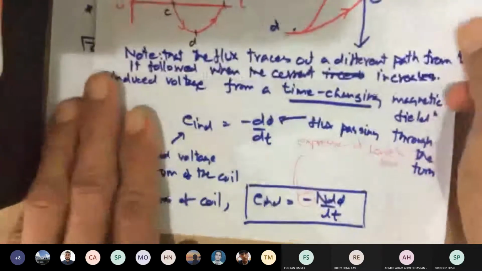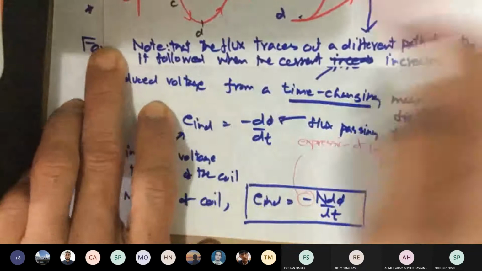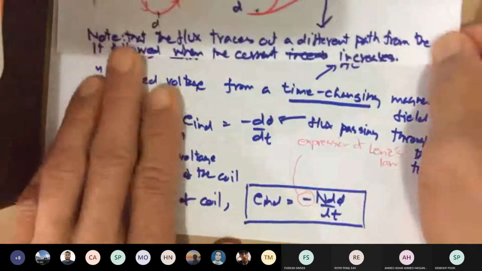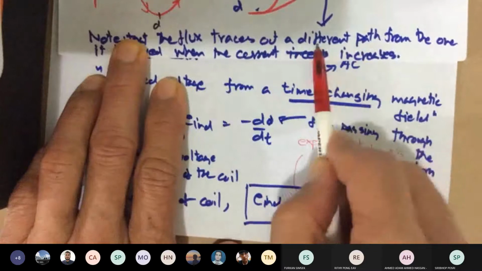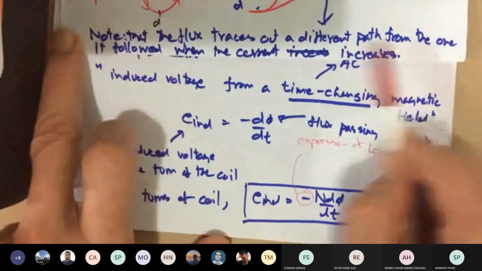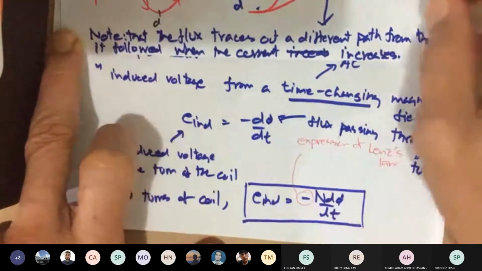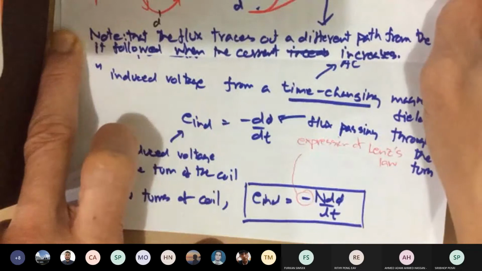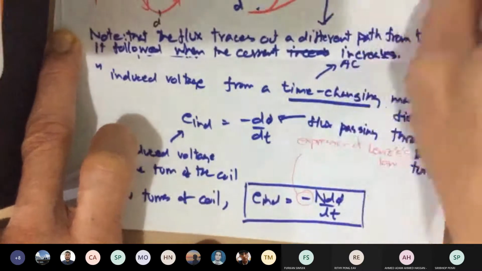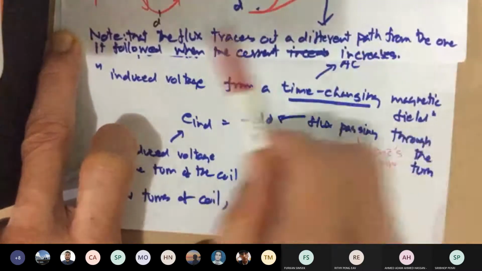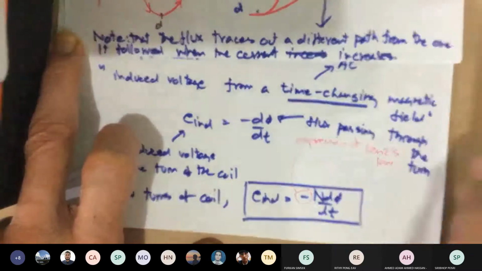Now note the flux traces out a different path from the one it followed. When you try to decrease the current, it doesn't go back along the same path. We form a new path, like a loop, never tracing back to the previous path.